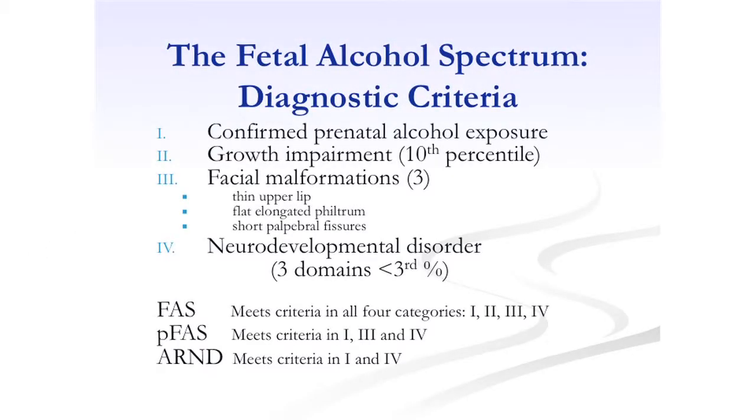Now, by way of review, let's just go through fetal alcohol spectrum. We know that if a child is prenatally exposed to alcohol, has growth impairment, that is height and or weight below 10th percentile, facial malformations consisting of a thin upper lip, flat elongated philtrum, and short palpebral fissures, and has neurodevelopmental difficulties in 3 domains of functioning, then that child or youth will meet criteria for fetal alcohol syndrome.